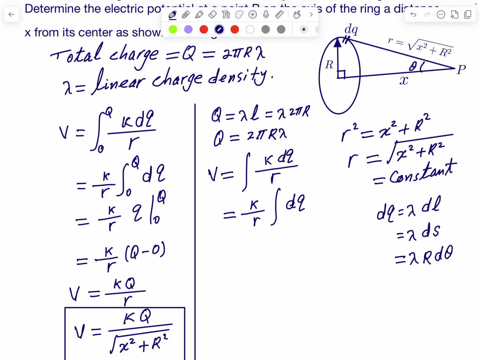R is not changing because here is hollow, from the center right away to the ring, and in the middle we don't have any charge. Therefore, the charges are accumulated on this ring, and the distance here to the center is just R, which is the radius. And this is our dq.